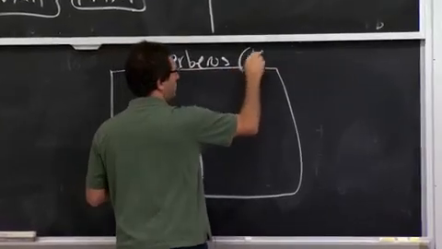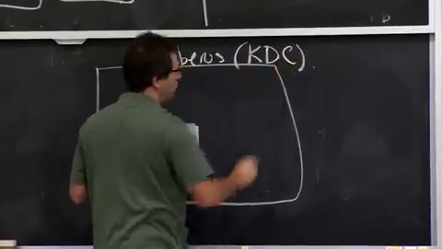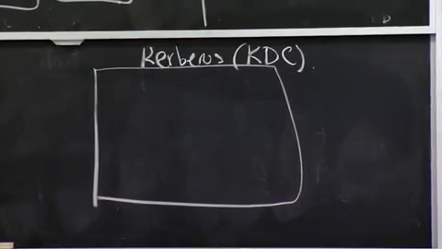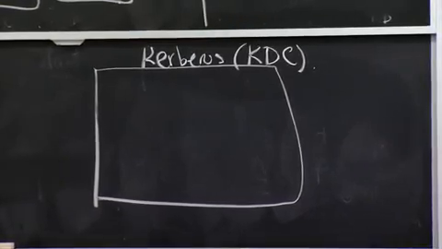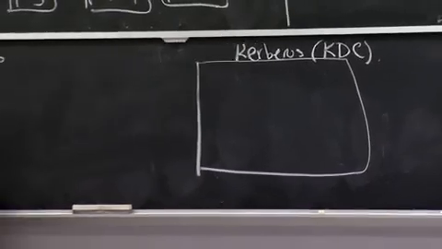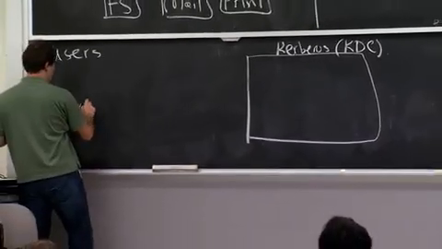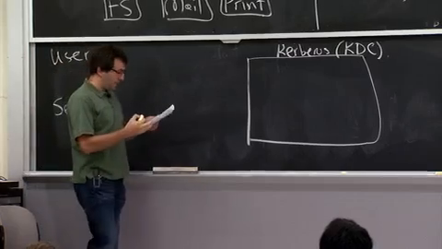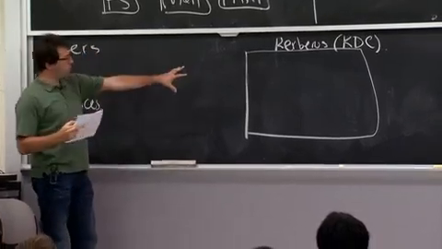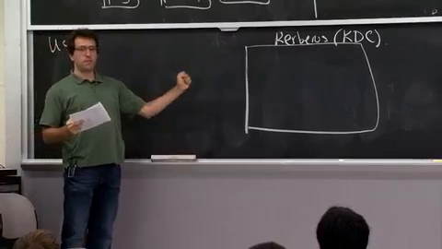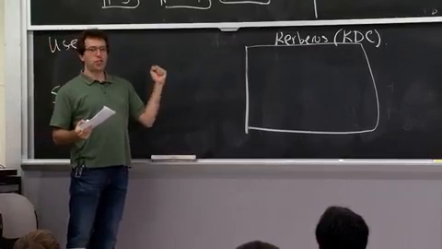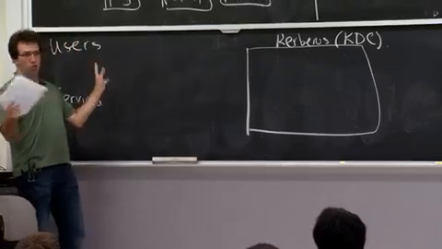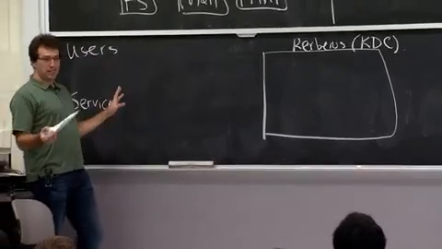And today it's typically called KDC, Key Distribution Center. And there's all these users out here somewhere, and also services that you might want to connect to. And the plan is that the Kerberos server is going to be responsible for storing a shared key between the Kerberos server and every entity in the world, so to say, or in this realm at least.